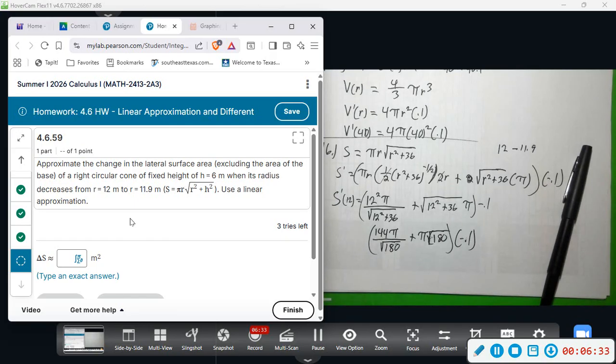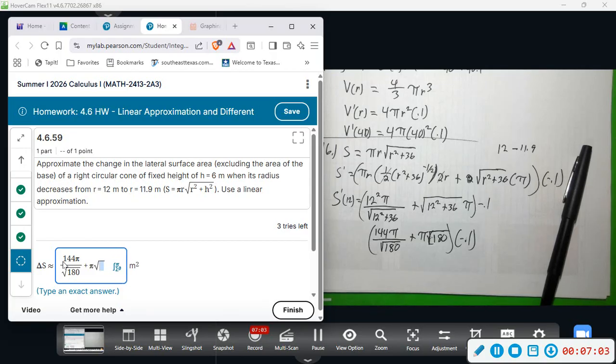All right, so that'll give us the exact answer if we were to type that into a calculator. 144 pi over square root of 180 plus pi square root of 180, and then times negative 0.1.